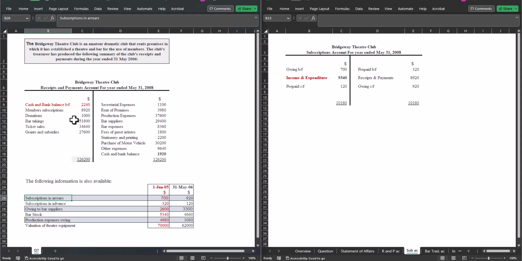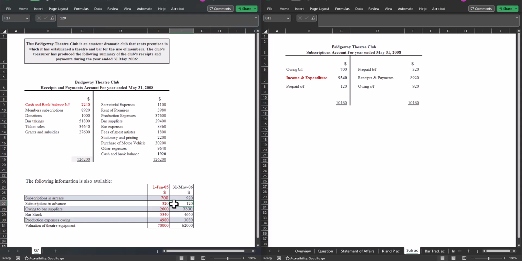Now, let's say the receipts and payment account shows a total subscription of $8,920, as is the case. We need to check how much of that is for the current year. If there were prepayments for the previous year, in this case $320, then we need to add that to the total. However, if in the current year there are prepayments towards next year, in this case 120, we need to subtract that 120 from the total.